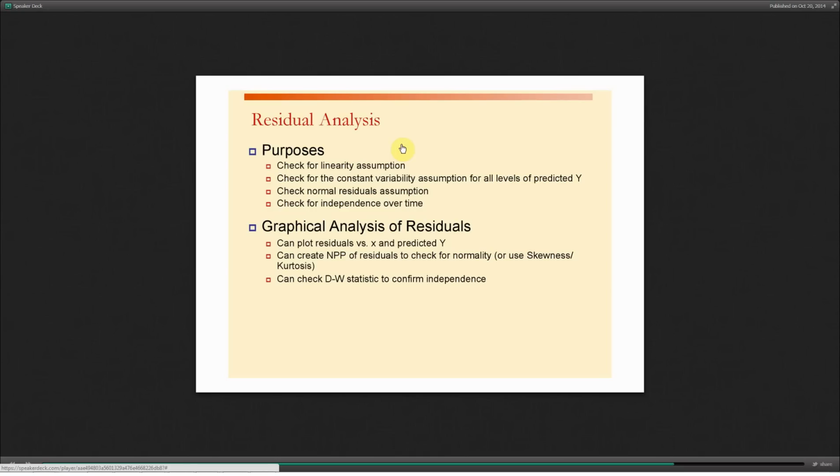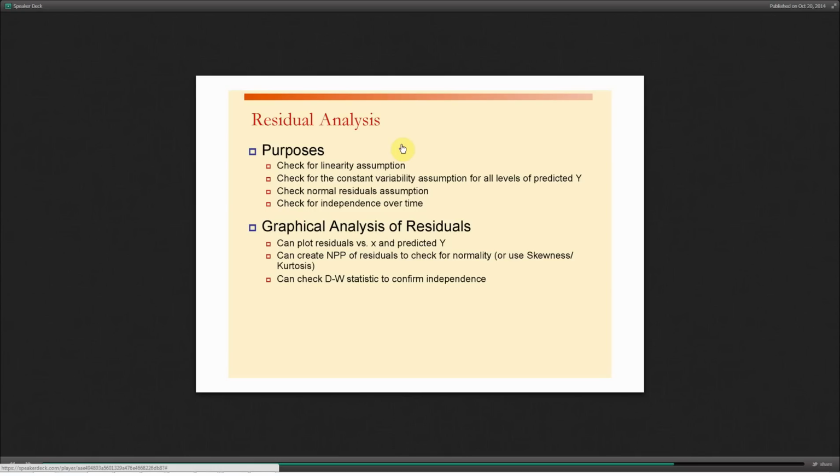All those estimates and all that error analysis and confidence stuff is based on a bunch of assumptions. The assumptions for the simple linear regression model are very important to be able to get accurate p-values, for example, in terms of whether the slope is 0 or not 0, or an accurate and meaningful confidence interval for the slope, or prediction interval.